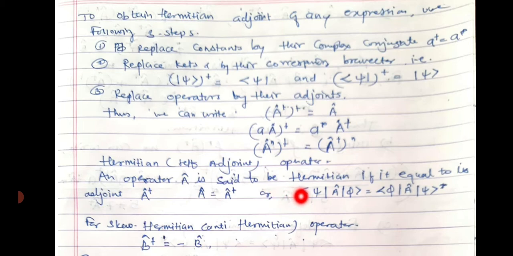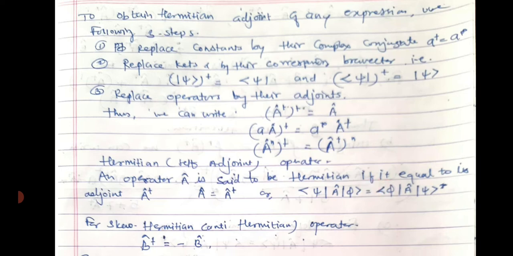Another definition is like this: the inner product of operator A in the state psi and phi is the inner product of operator A in the state phi and psi, where these two states are interchanged, with a star.